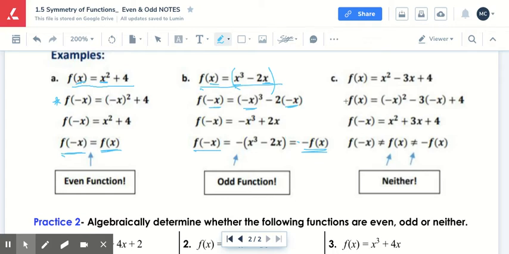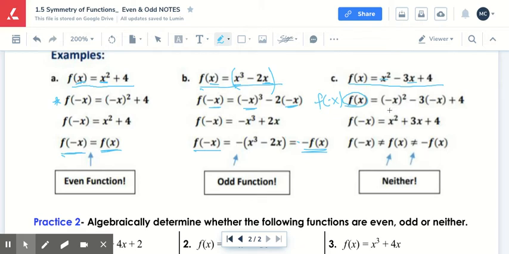For our third example here, our original function is given here at the top. To test for the symmetry, we're going to replace the x everywhere in the original function with a negative x. So this should actually say f of negative x. That was a typo. So replace the x everywhere within the function with a negative x. So this would say negative x squared.